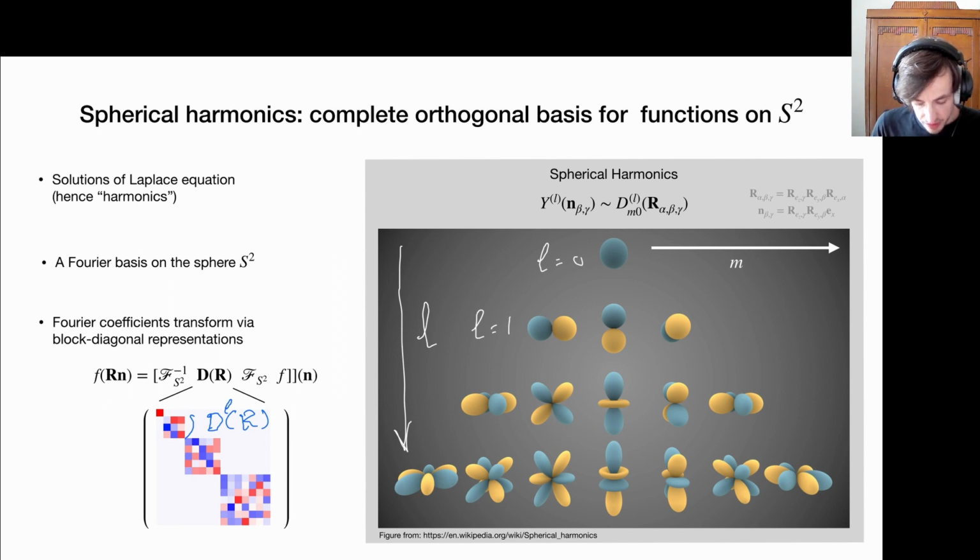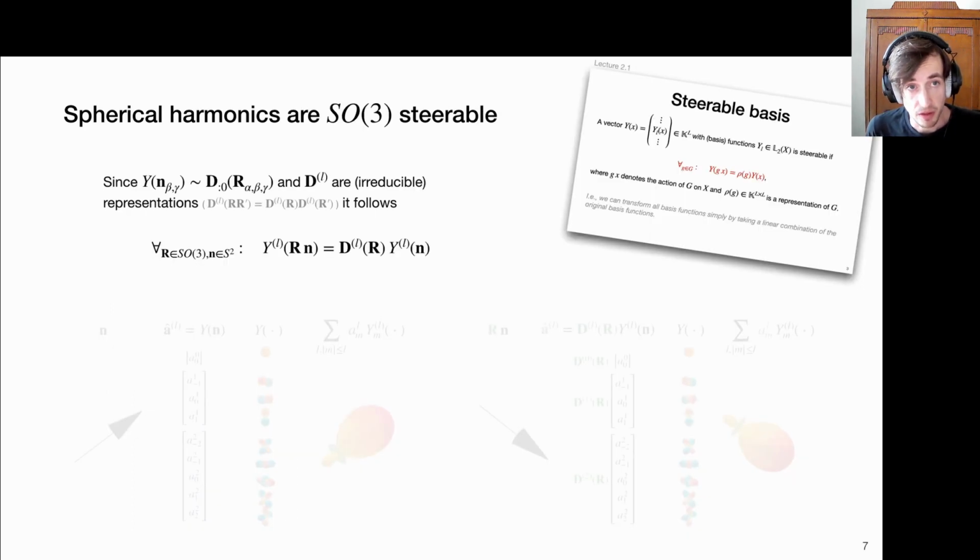Now the fact that these spherical harmonics transform via the Wigner-D matrices, that actually directly follows from the fact that these spherical harmonics coincide with the central columns of these Wigner-D matrices. The Wigner-D matrices are representations, right? So a rotation of the input can also be obtained by just splitting this matrix in these two representations, right?